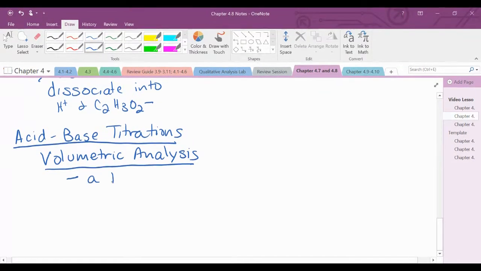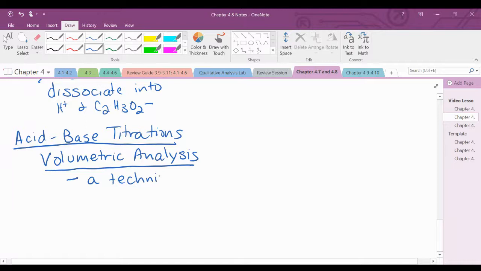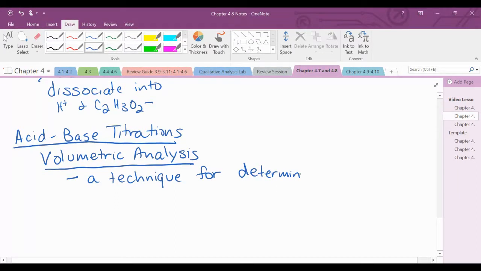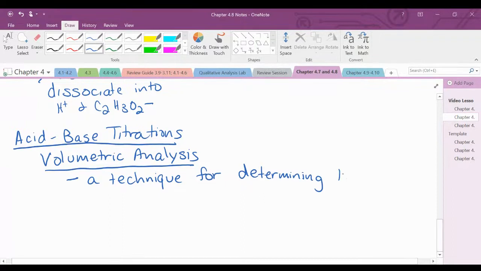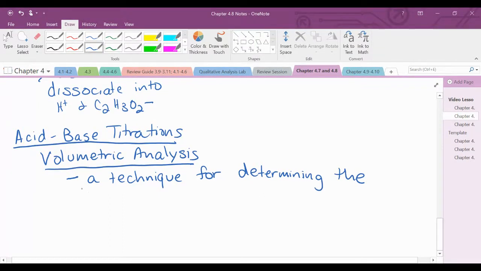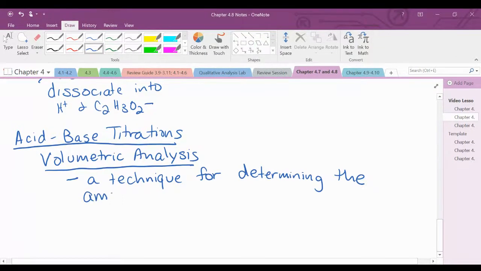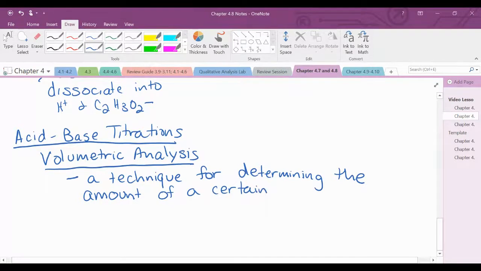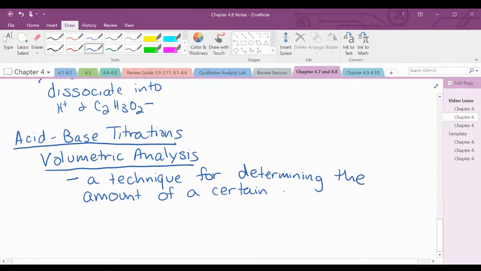This is a technique for determining the amount of a certain substance by doing a titration.